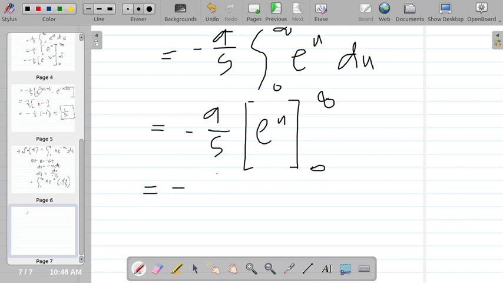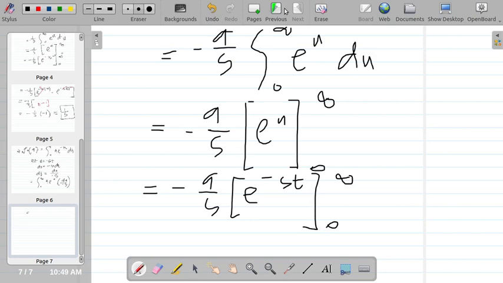So, negative 9 over s, then e to the negative st from 0 to infinity.